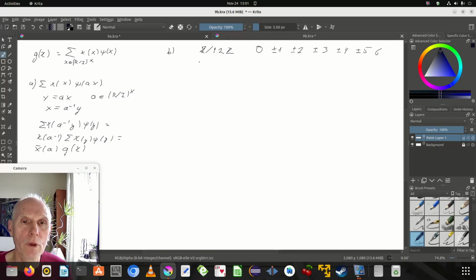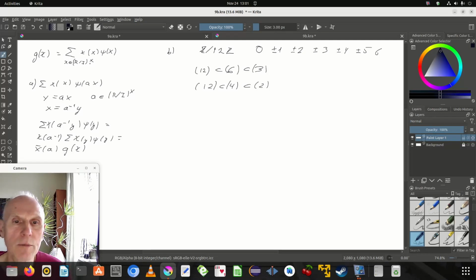Right. The ideals of 12, there we have 6 and 3, or 4 and 2. Of course, the ideals generated by 2 and 3 being the maximal ideals. And we need to have a list of the characters.